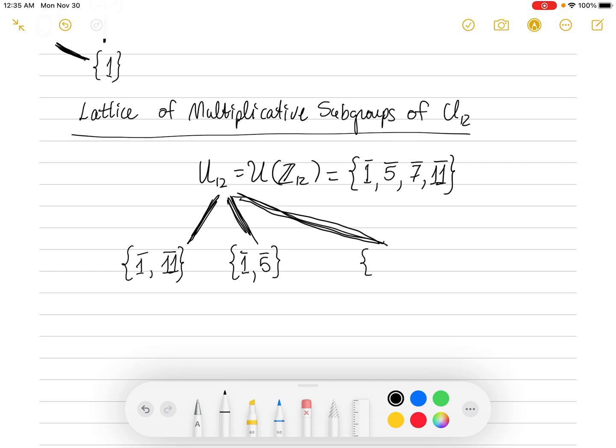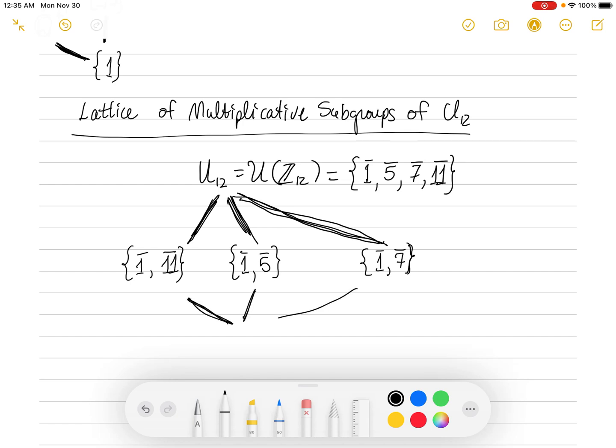And there's another one here. Another 2-element subgroup of U12: 1 bar, 7 bar. It's going to be closed. 1 times 7 is 7 bar. 7 bar times 7 bar is 49, but reduce that modulo 12, and you get 1 bar. 7 bar is its own inverse. 1 is its own inverse.